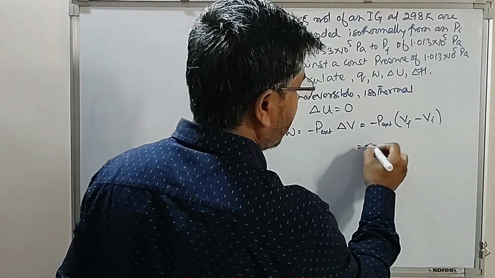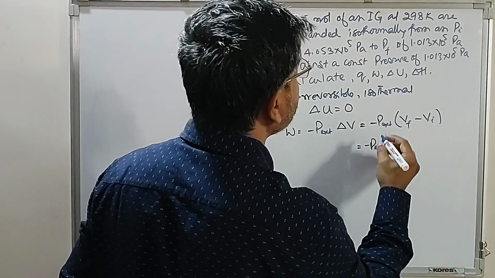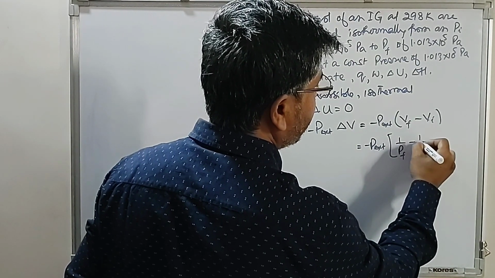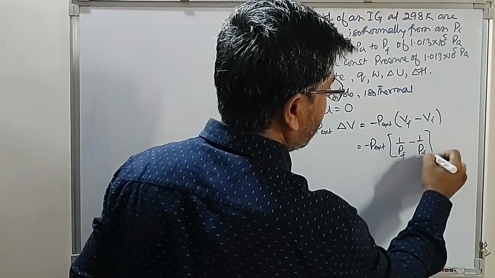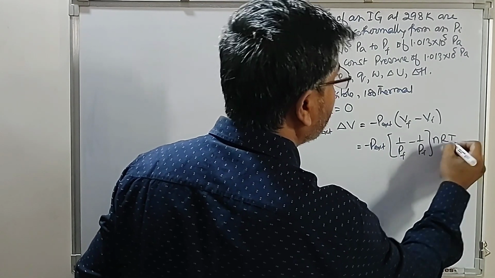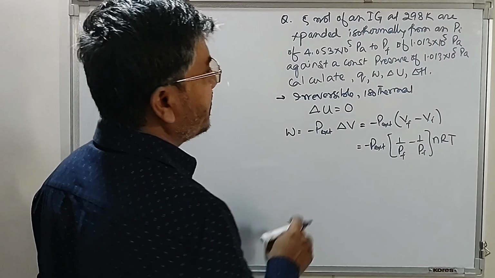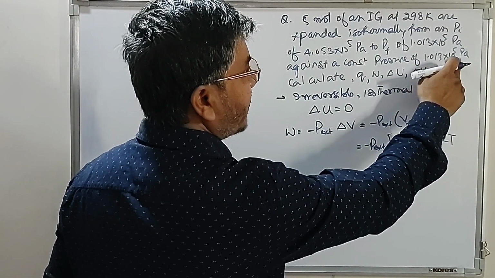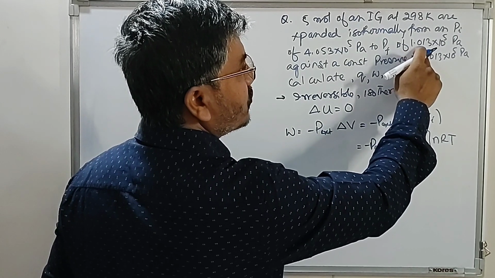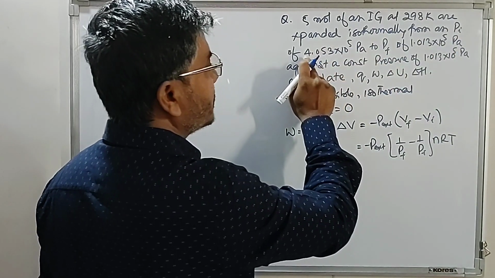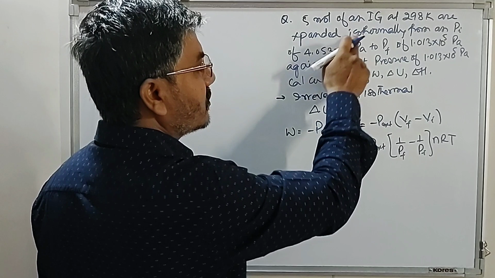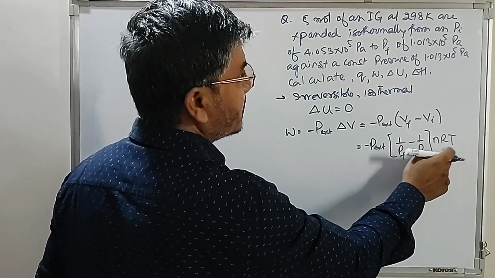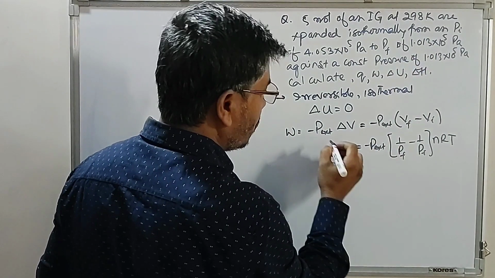So therefore look at this, minus P external into 1 by Pf minus 1 by Pi into nRT. So P external is 1.013 into 10 to the power 5. Final pressure is 1.013 into 10 to the power 5. Initial pressure is 4.053 into 10 to the power 5. n is 5. R is the gas constant. T is 298.